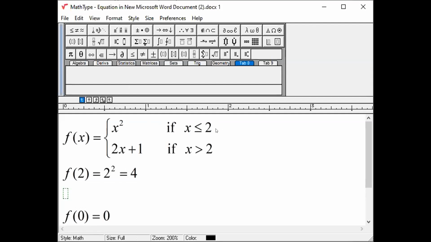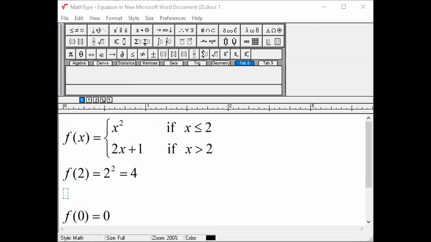Because of this little line under the less than sign. If the line had been under the greater than sign here, so that x is greater than or equal to 2, then in that case f of 2 would actually be 2 times 2 plus 1, which is 5.